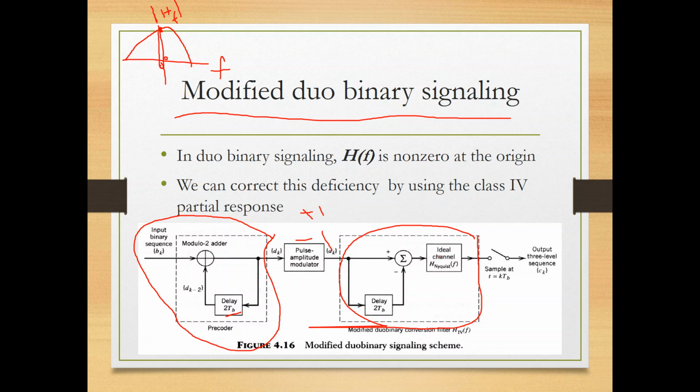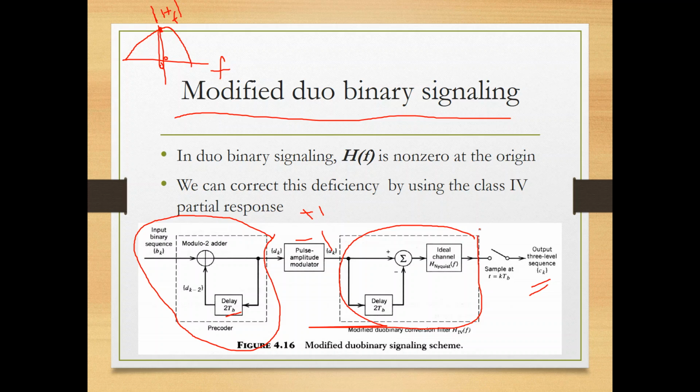Then it goes to the ideal channel Nyquist filter, like rect or raised cosine or sinc, and then you sample at t equal kT_b, and then you can find c_k, which is the dual binary signaling sequence, the inter-symbol interference sequence. This is the block diagram.